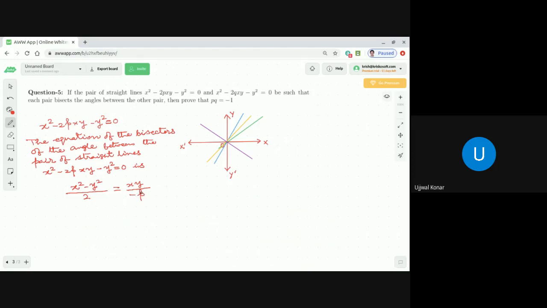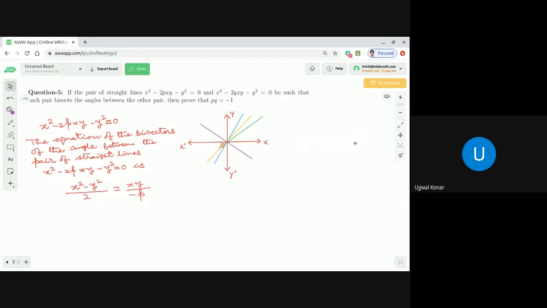The equation of the bisector is x square minus y square by a minus b is equal to x into y by h, correct or not? Let me have a quick recap on that.